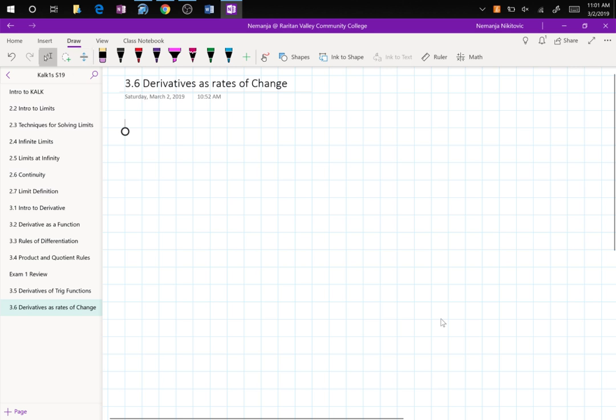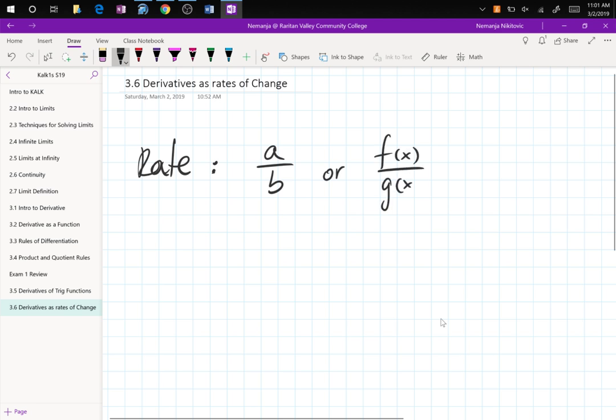So, first off, when someone says rate, you immediately think A over B or f of x over g of x or dy dx. These are all rates. They're all divisions, right? Now to understand the rate, and the one that we will use a lot, you can think about the rate of change as you're driving.